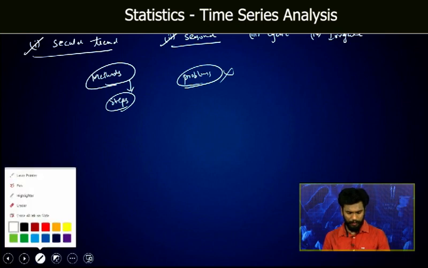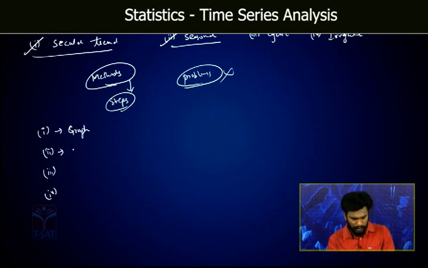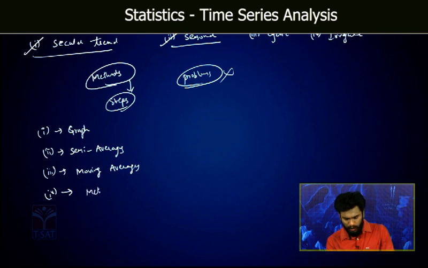So for calculating the secular trend, we have four methods. The first one is the simple graph method. The second one is semi-averages. The third one is moving averages. The fourth one is the method of least squares.